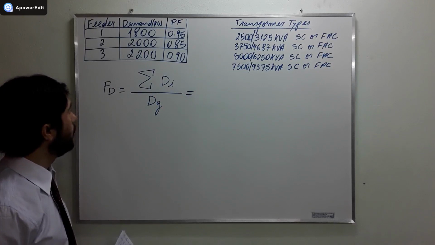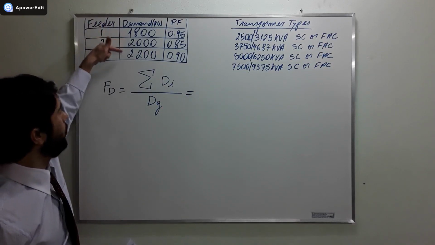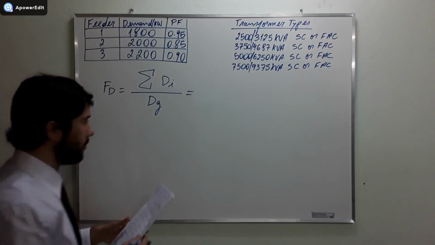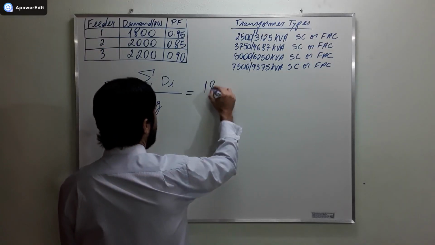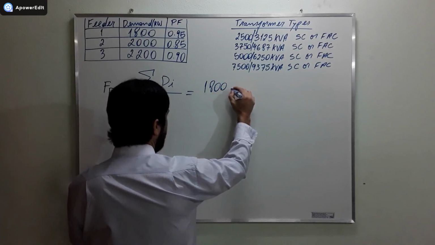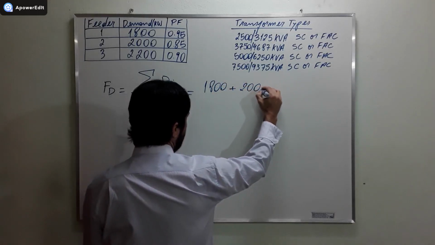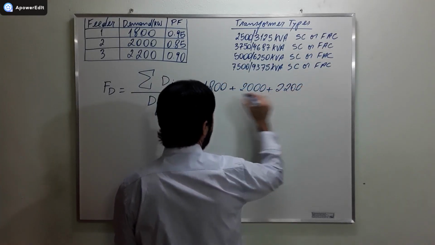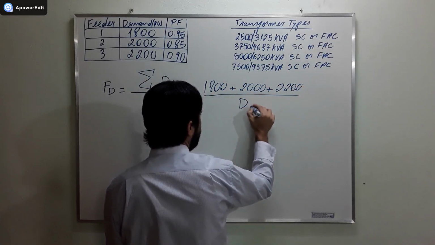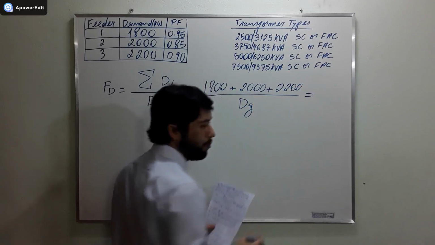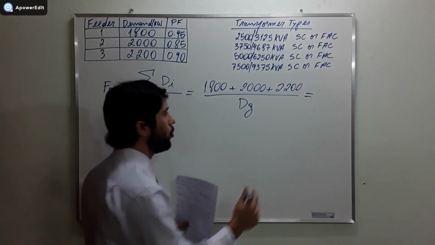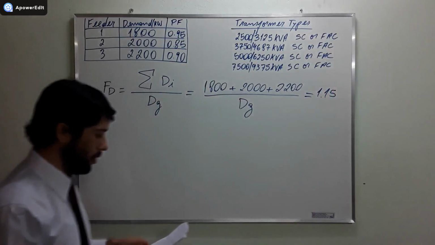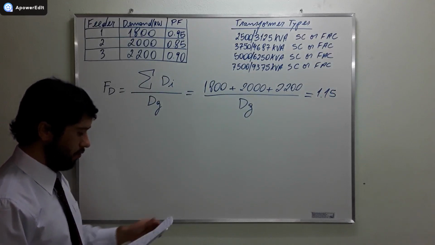Okay? So we sum these values and we divide by the diversified demand. It's 1,800 plus 2,000 plus 2,200 divided by the diversified demand, and this, as the problem says, has to be equal to 1.15. Okay, very easy, very easy.